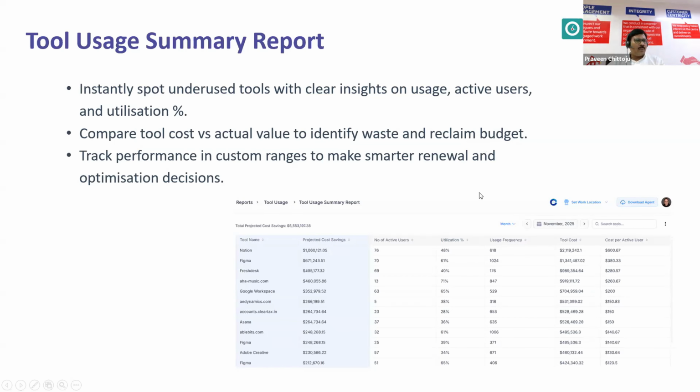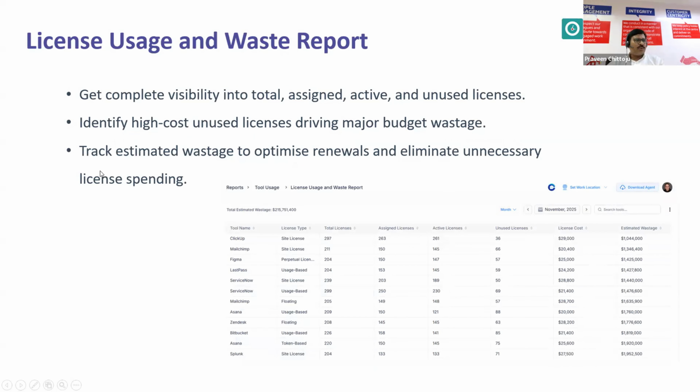Yeah. I will show you another report which is generated with the time chart. This report is known as the waste report. That is a license usage based report, where the different tools are wasted, like no one is using them, and the tool will estimate the wastage. For example, if you see here, ClickUp is one tool with a site license, and the company has taken 297 total licenses, but assigned licenses are 263, and the active users are 261, and users are 56.